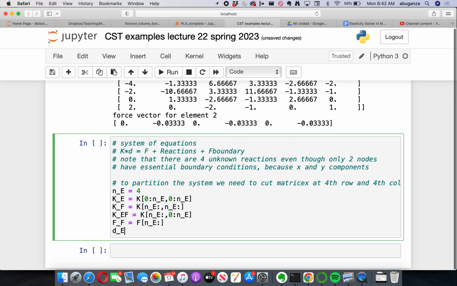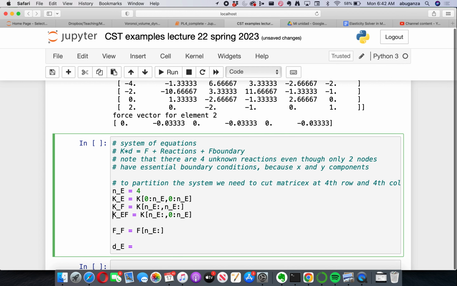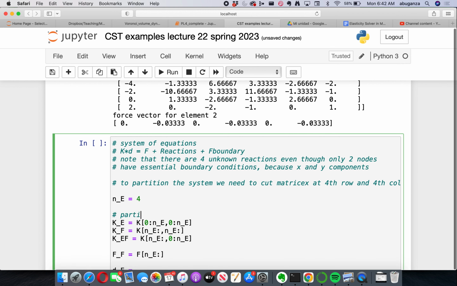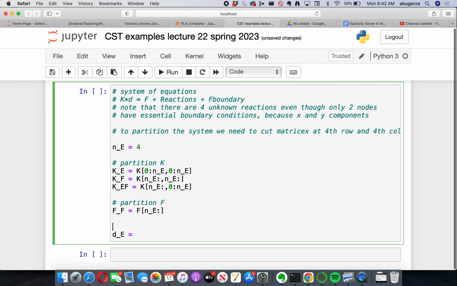And then I need the DE. This is partition K, partition F, and then essential boundary conditions. This one is a vector of zeros because the two nodes are fixed, but how many zeros? 4 by 1, right?